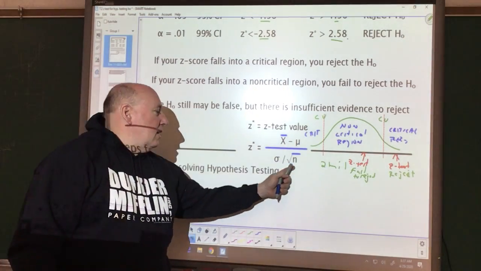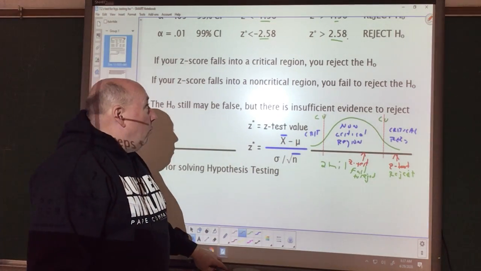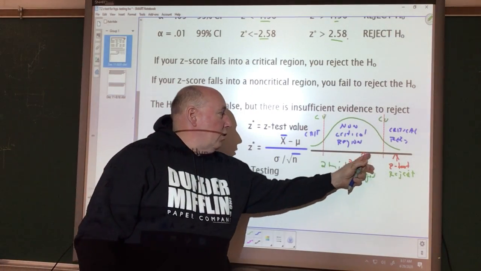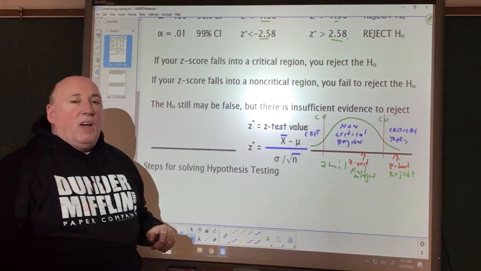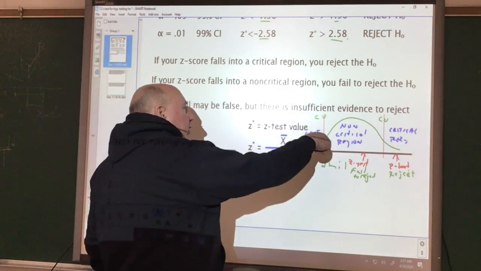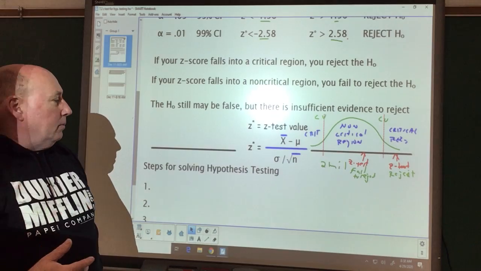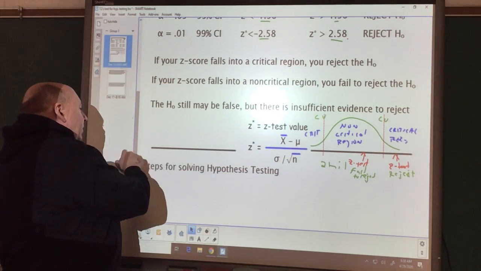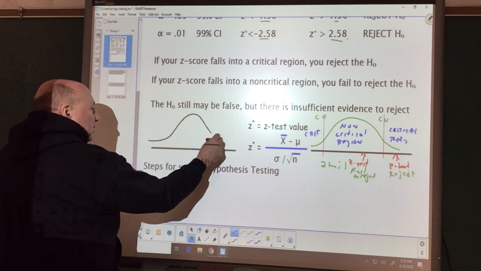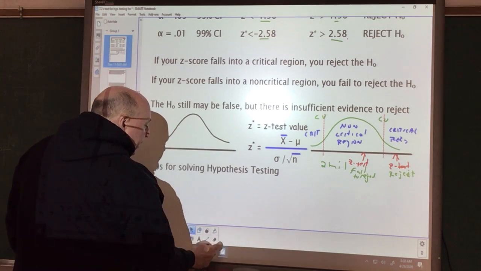And what's going to guide us, once again, is these critical values that we can get from our table. These are our critical values, and then our test value here. So our critical values and our test values are going to guide us through the problems. And if this was just a one-tailed test, now if it's left or right, it does not matter.